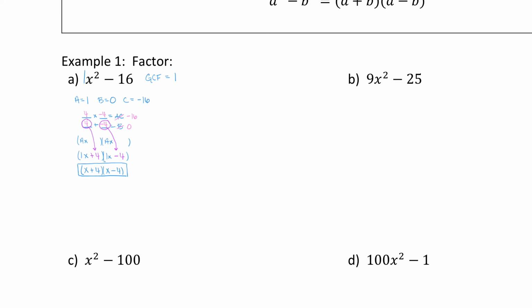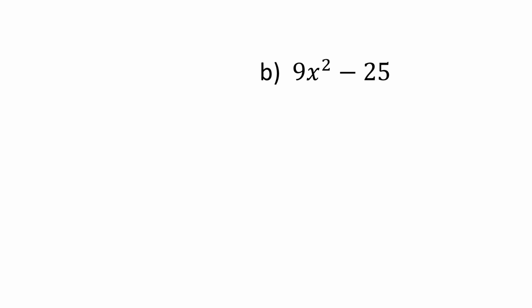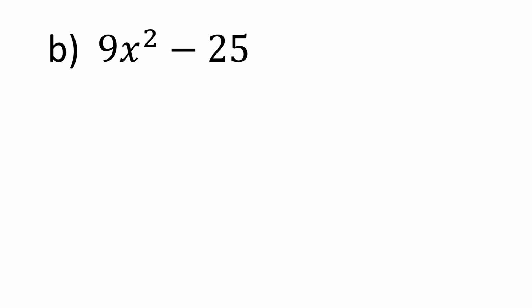Now let's look at this example here. Is there a number that we can divide 9 and 25 by? There's not. And so our GCF is 1, which means we can go straight into identifying our A, our B, and our C. A is 9, B is 0, right?